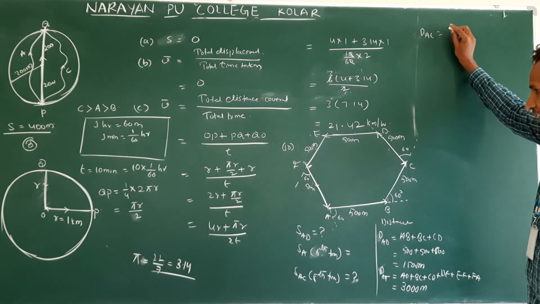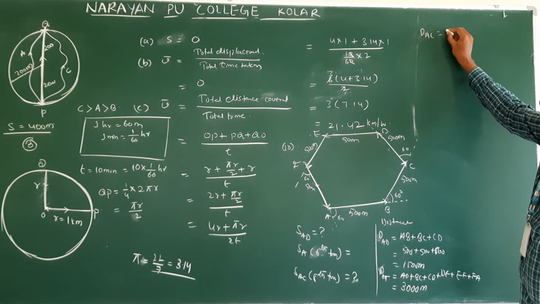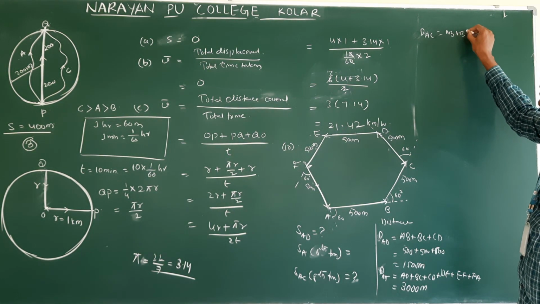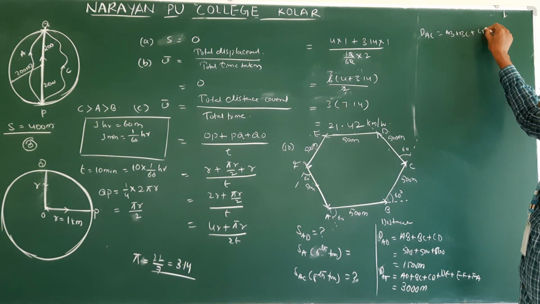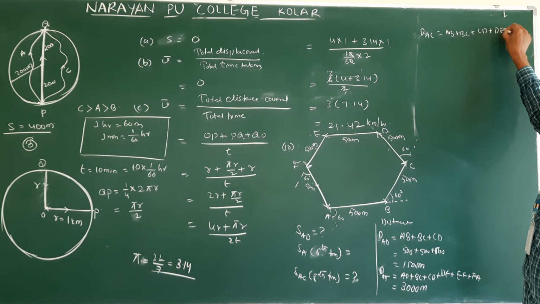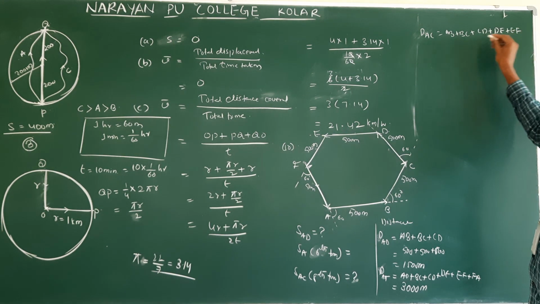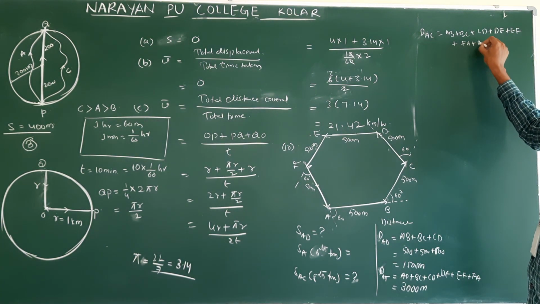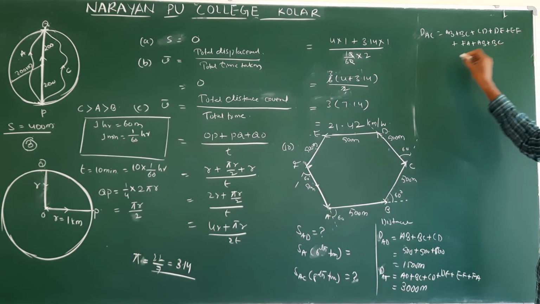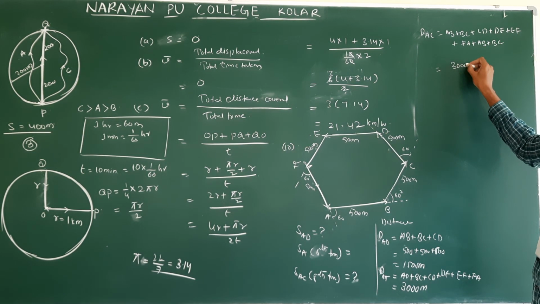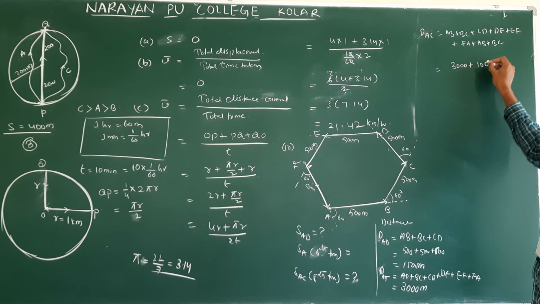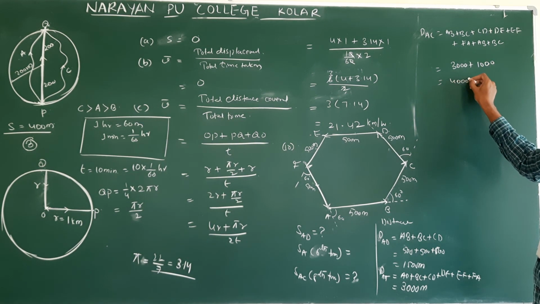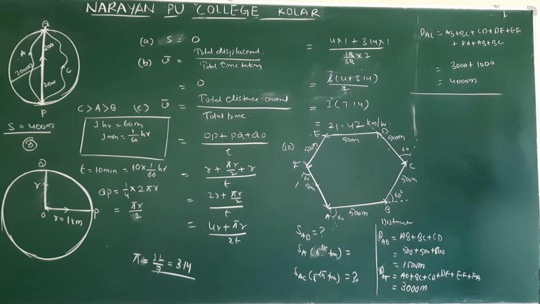We can write it as AB plus BC plus CD plus DE plus EF plus FA plus again AB plus BC. This is 3000 plus 1000, total 4000 meters.